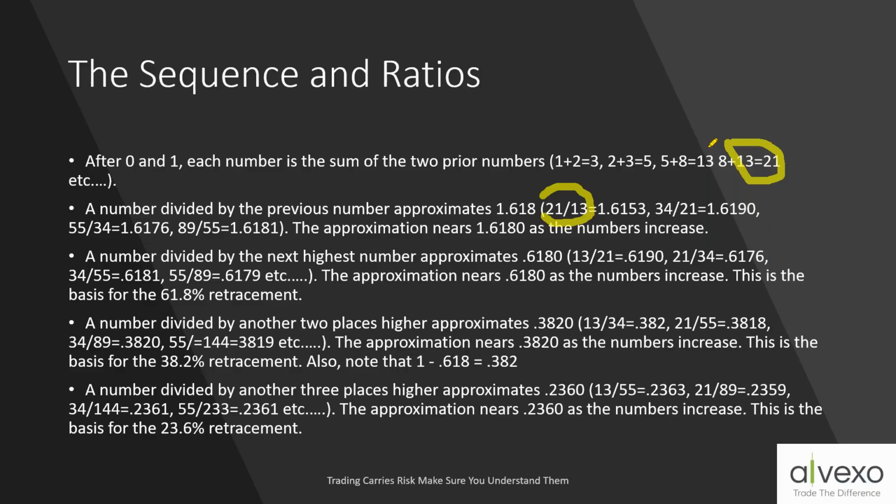But if we were to go back and take the 13 and the 21 and divide in the opposite direction, divide the 13 by the 21, that'll give us 0.619 or 0.6176 or 0.6181. So that's where we come up with the 61.8 level.